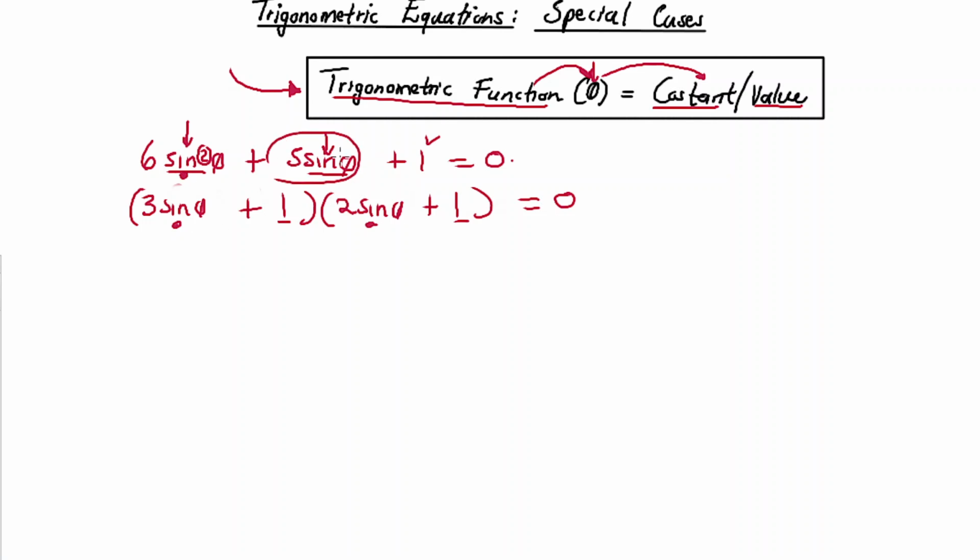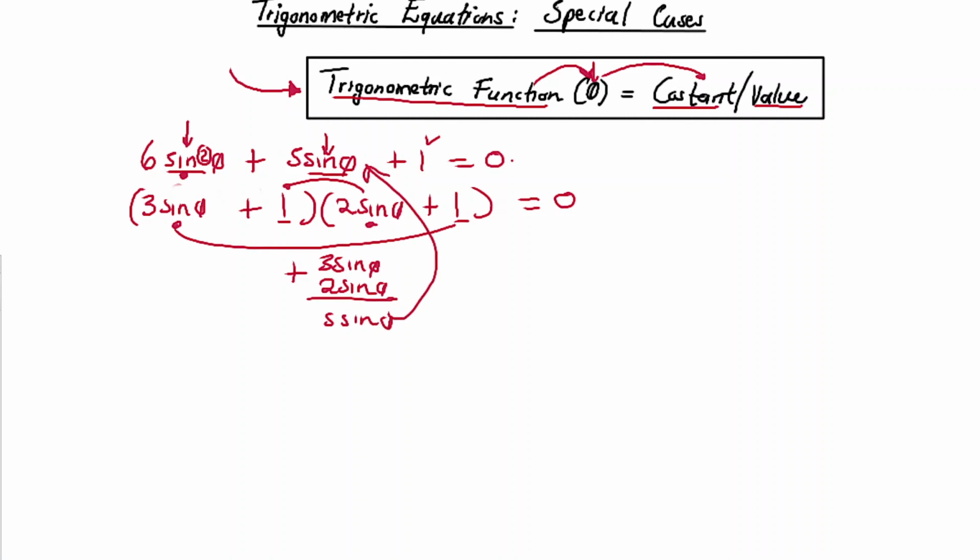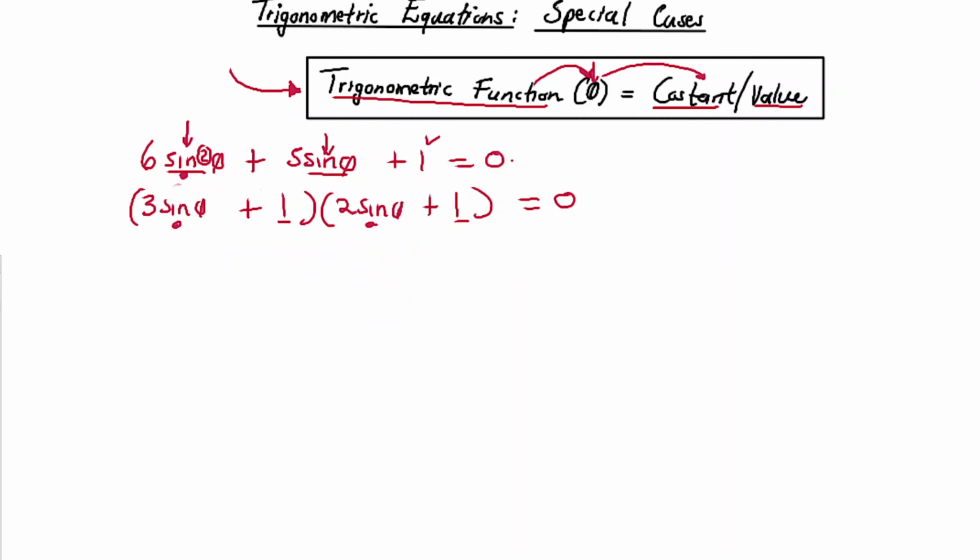In order to confirm the middle term, I take this multiplied by that. I'm getting a 3 sine theta. This multiplied by that, it's a 2 sine theta. When you add the 2, you get a 5 sine theta. So it gives us the middle term. So the factors are correct.